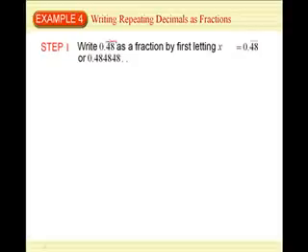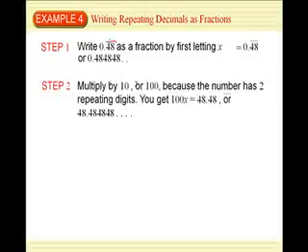Okay, so what you do is you say the number has 2 repeating decimals, so you multiply by 100. Because the 484848 is repeating, there are 2 repeating decimals, and 100 has 2 zeros on it.